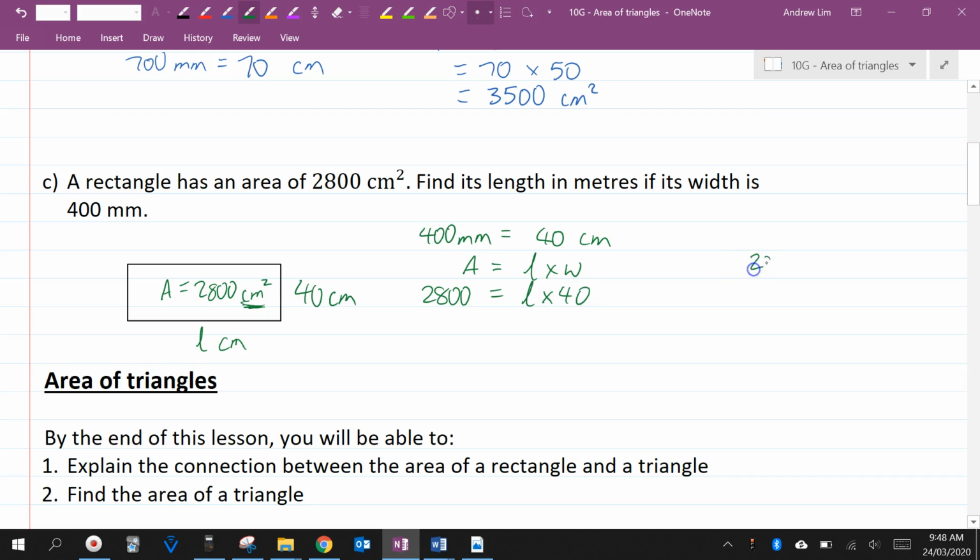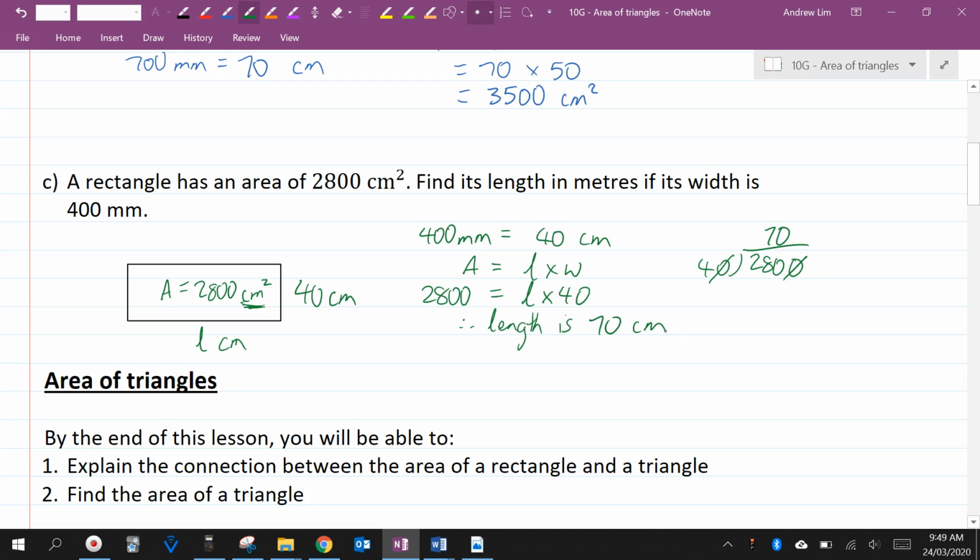Well, we do 2,800 divided by 40. Well, we can divide both of them by 10. And technically we've got 280 divided by 4, which is 70. So the length is 70 centimeters.